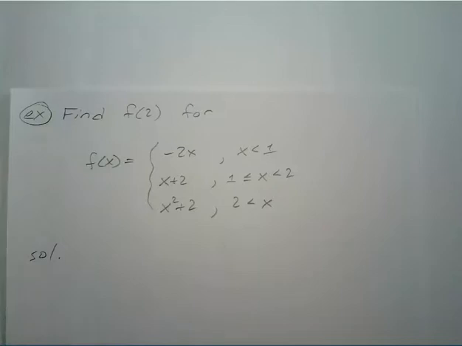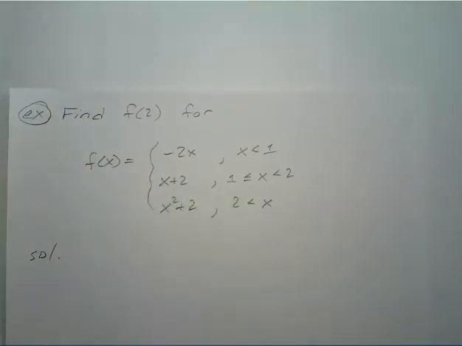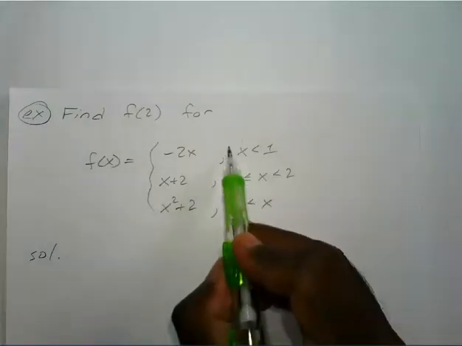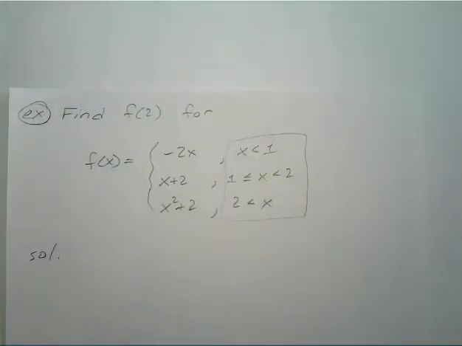Alright, so once again, whether you have 2, 3, or 4 piecewise functions, it doesn't matter. Your constraints will always be where you start.